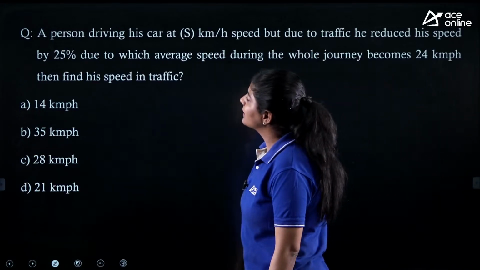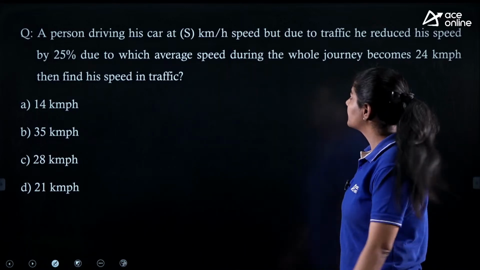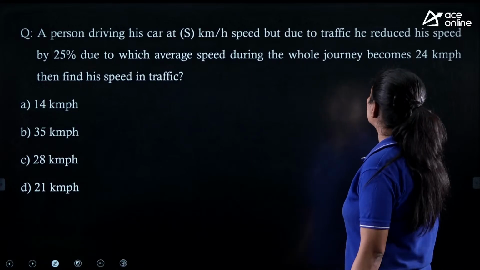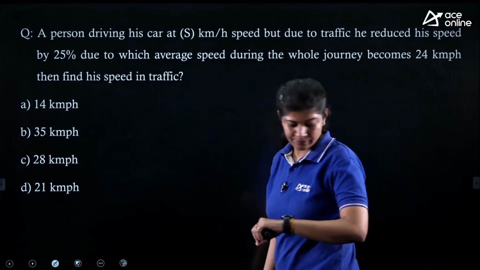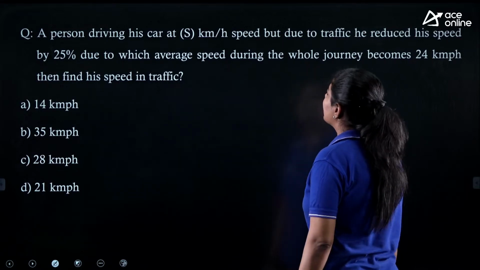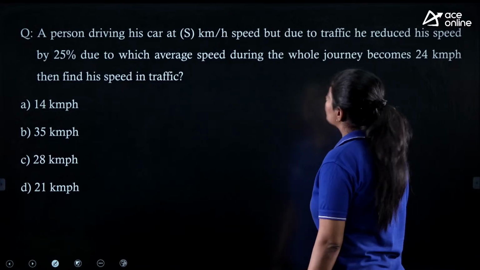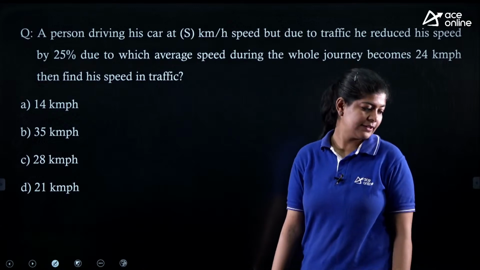The next question says that a person driving his car at s kilometers per hour speed, but due to traffic he reduces speed by 25%, right? Due to which average speed during the whole journey becomes 24 kilometers per hour, then find his speed in traffic.